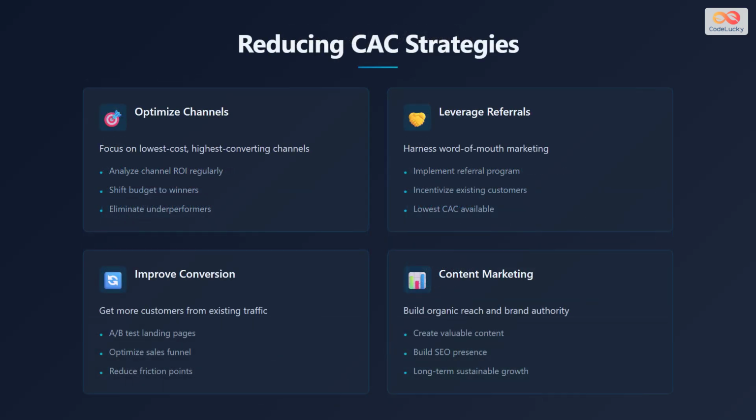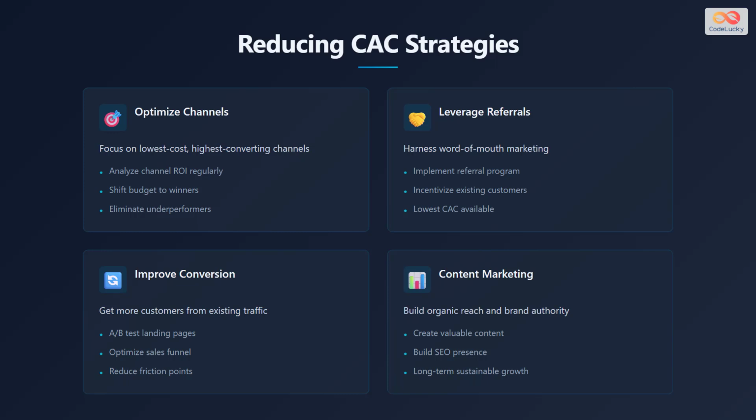Now that you understand CAC, let's talk about reducing it. First, optimize your channels. Analyze the return on investment for each channel regularly, shift your budget to the winners, and eliminate underperformers. Second, leverage referrals. Implement a referral program and incentivize your existing customers to bring new ones. Referrals consistently have the lowest CAC.